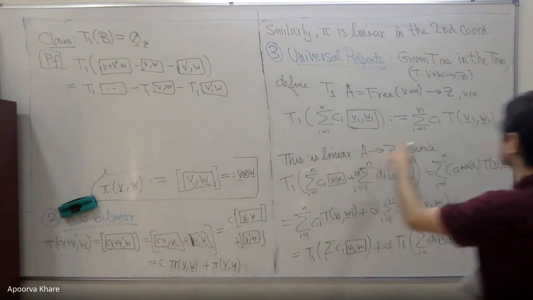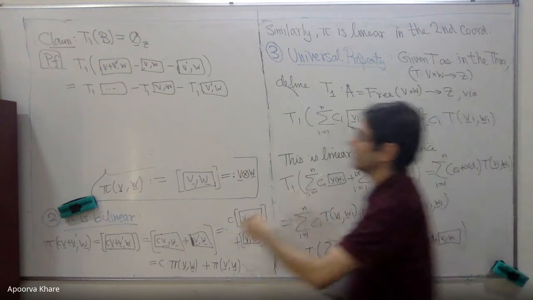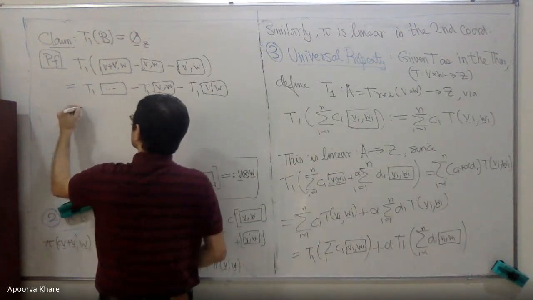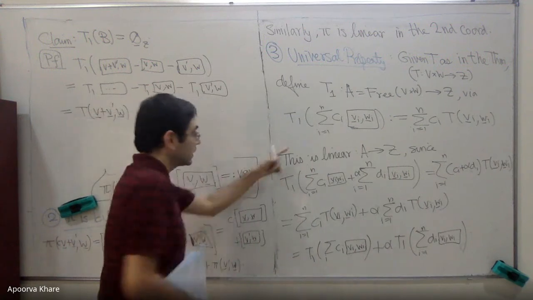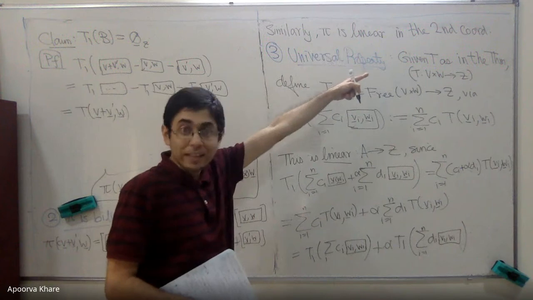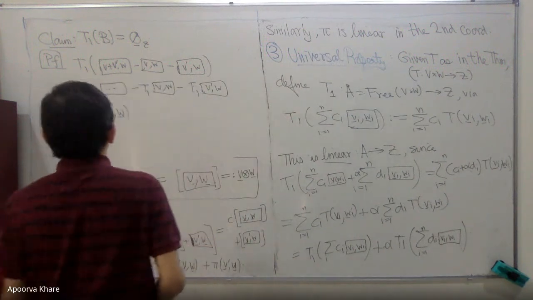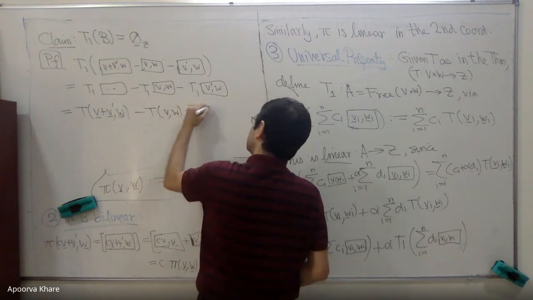But now, what is T1 of v plus v prime comma w? It is this thing, right? So this is equal to T of v plus v prime comma w. So far in the linear part, I have not used the fact that T was bilinear. Now we will actually use it: minus T of vw minus T of v prime w.